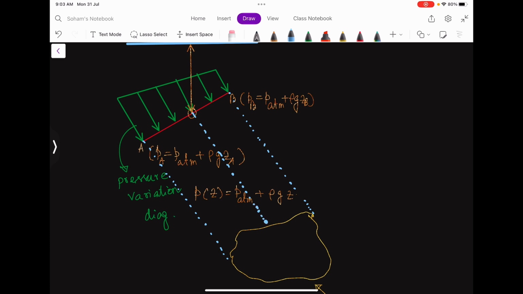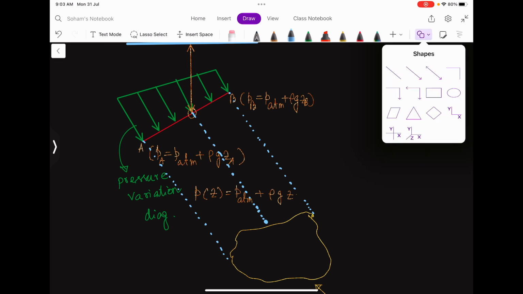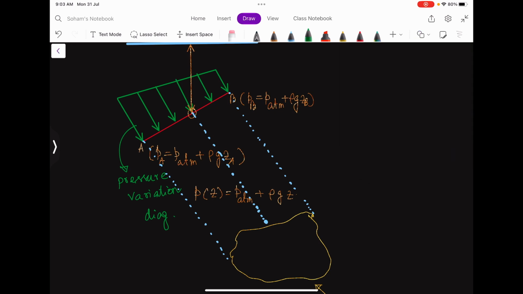then throughout the cross section at this level, if I draw a line on this at this level, all the points, this point, this point, this point, are at the same level.